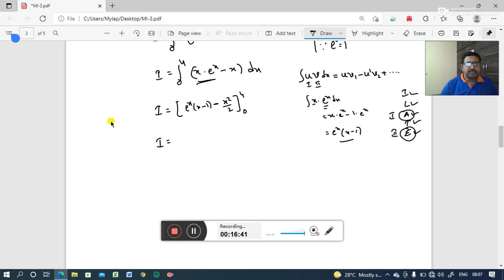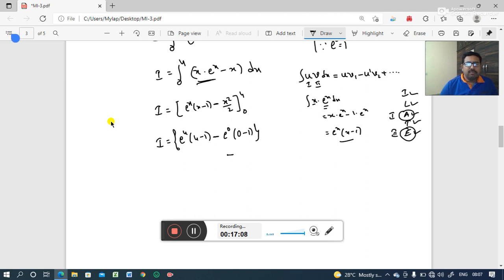So I is equal to, first let us use 4 in place of x: e power 4 into 4 minus 1, minus, using the lower limit also for the first term, e power 0 into 0 minus 1.